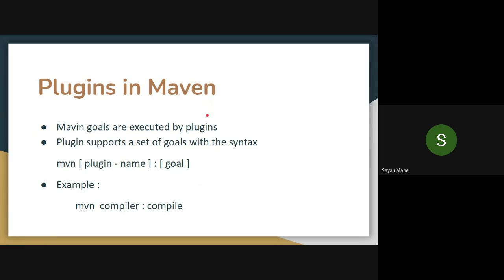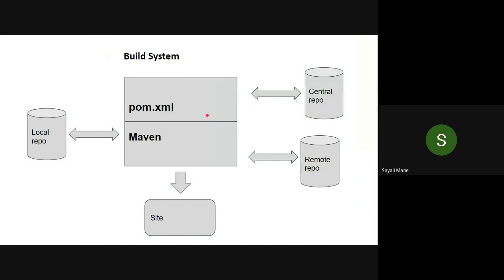Maven 1. Now the next part is very important. This is called the build system. With the help of this architecture, you will come to know how Maven works. Here you can see there is one XML file that is called pom.xml. It is like the heart of Maven. This file is written by developers and it is placed in the source code.